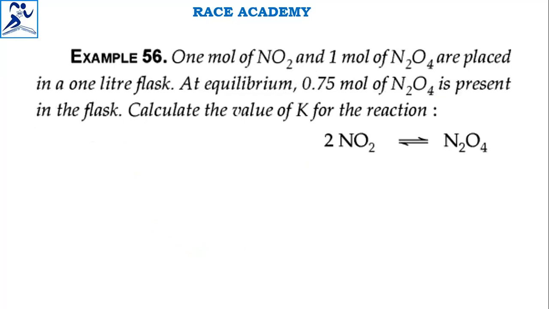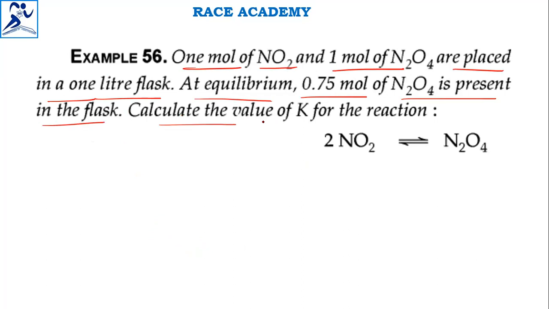Let us see the next question. 1 mole of NO2 and 1 mole of N2O4 are placed in a 1 liter flask. At equilibrium, 0.75 mole of N2O4 is present in the flask. Then calculate the value of K for the reaction 2NO2 gives rise to N2O4.